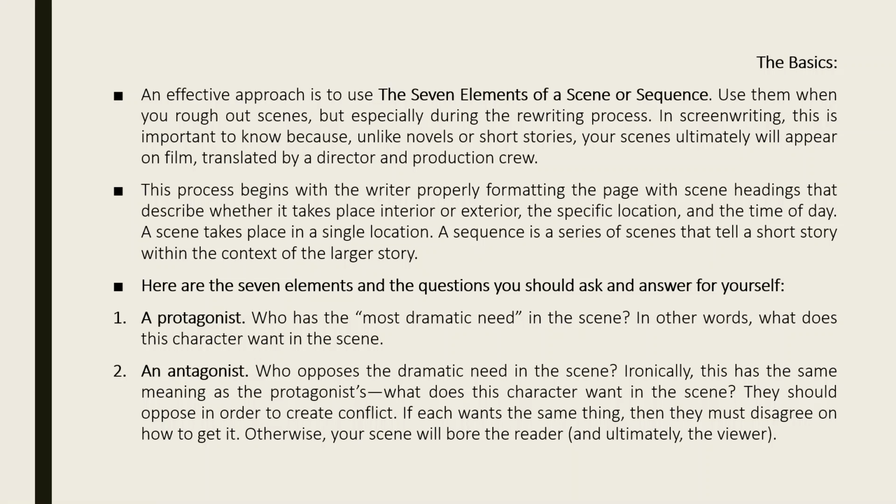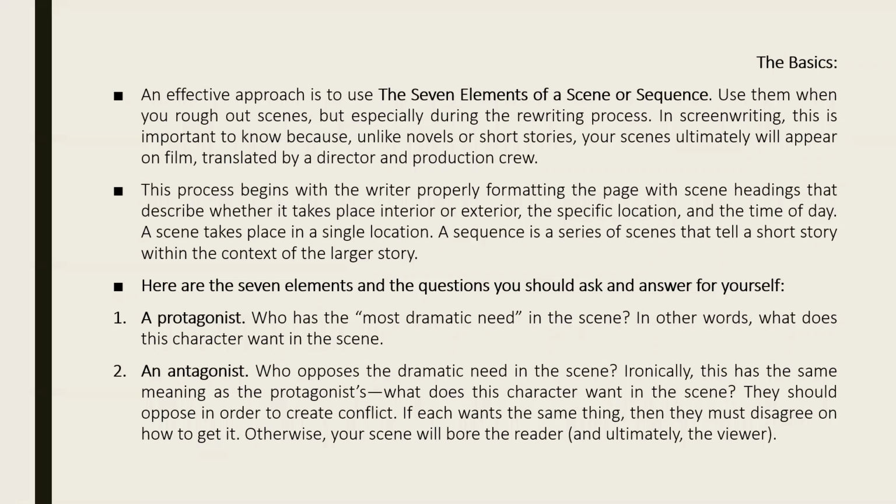So when you've written a character and you know what the dramatic need is, you have to create another character who is going to create conflict, who is not going to allow the protagonist to achieve the dramatic need. And both the antagonist and the protagonist are supposed to create some sort of a tension, some sort of a conflict.